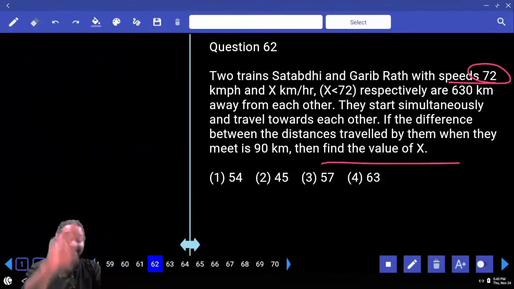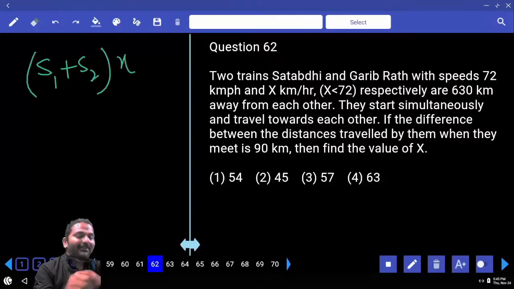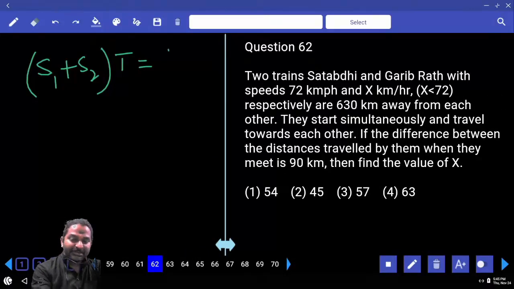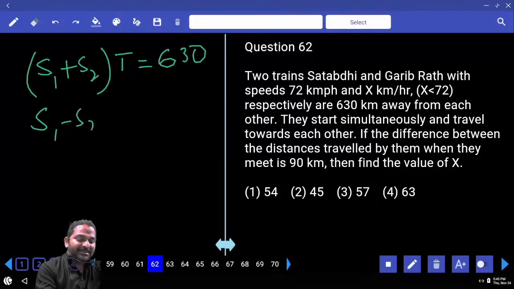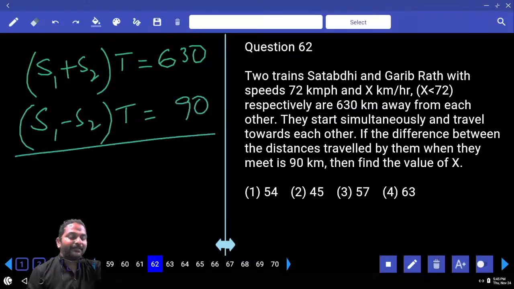If you want to calculate the exact value, look at this. S1 plus S2 is the relative speed, and they travel for some time. You don't know how much that is. Let it be x, or let it be t number of hours, which is equal to 630. The difference S1 minus S2 is the difference between both for t number of hours, which is equal to 90.